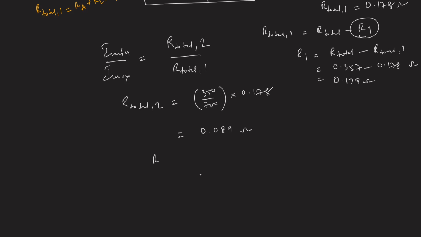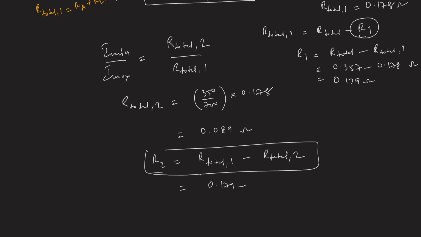So I want R2. R2 is equal to R total comma 1 minus R total comma 2, which is 0.179 minus 0.089. Did you understand this step?